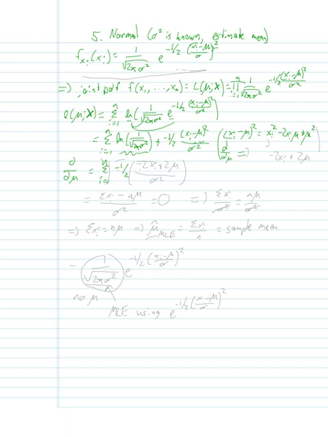So then the derivative with respect to mu gets us, this is 0, so this is 2xi, and this is 2 mu. So this is, what did I say, negative 2xi plus 2 mu all over sigma squared.